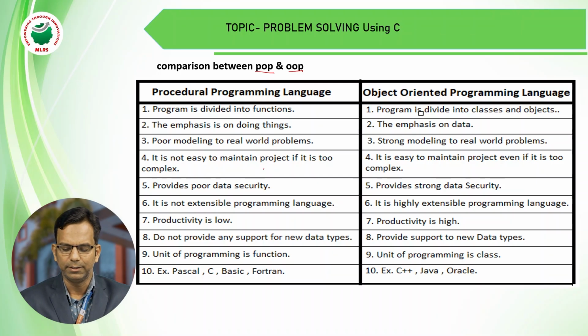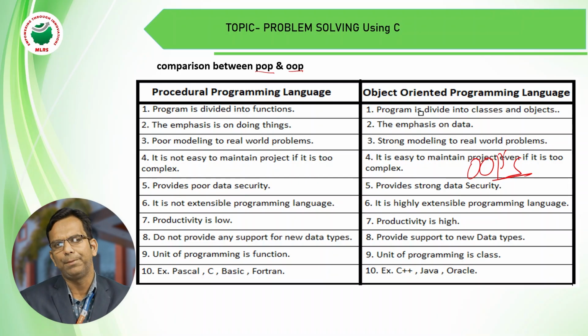It is not easy to maintain the project and the complexity of the program. In the object oriented programming system, OOPS, it is very easy to maintain complex programs with the help of different types of concepts. And the fifth point, it provides poor data security in C programming.